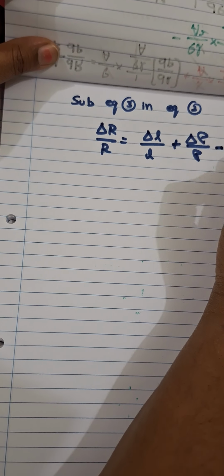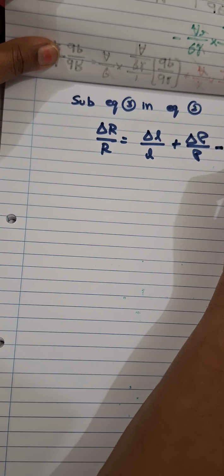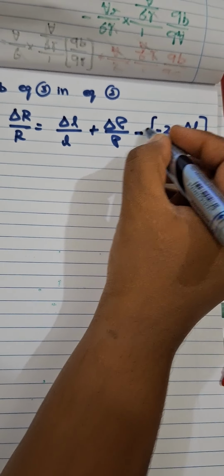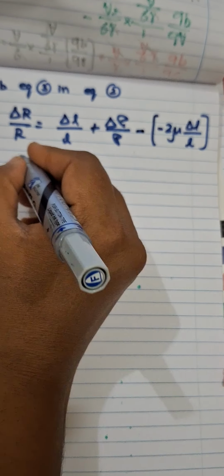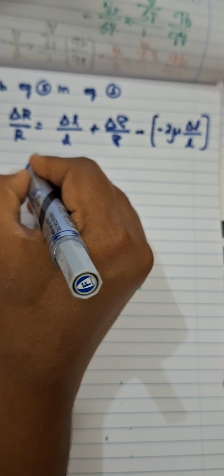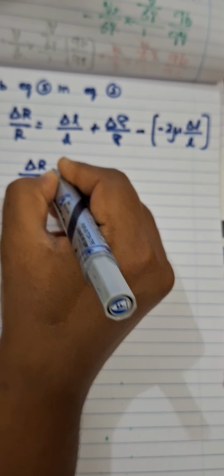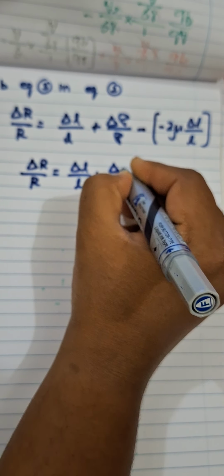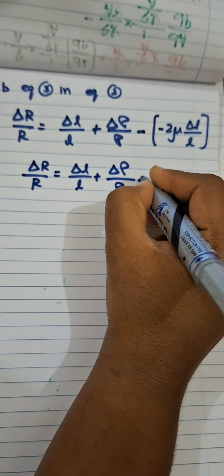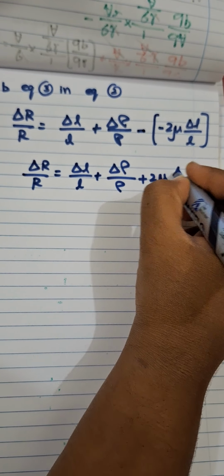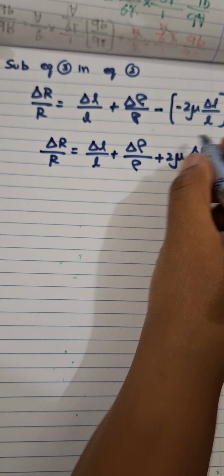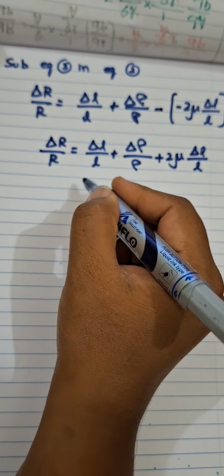But del A by A is what? Minus 2 mu del L by L. Minus minus can be written as plus. So del R by R is equal to del L by L plus del rho by rho plus 2 mu del L by L. Okay, so let me make del L by L common.